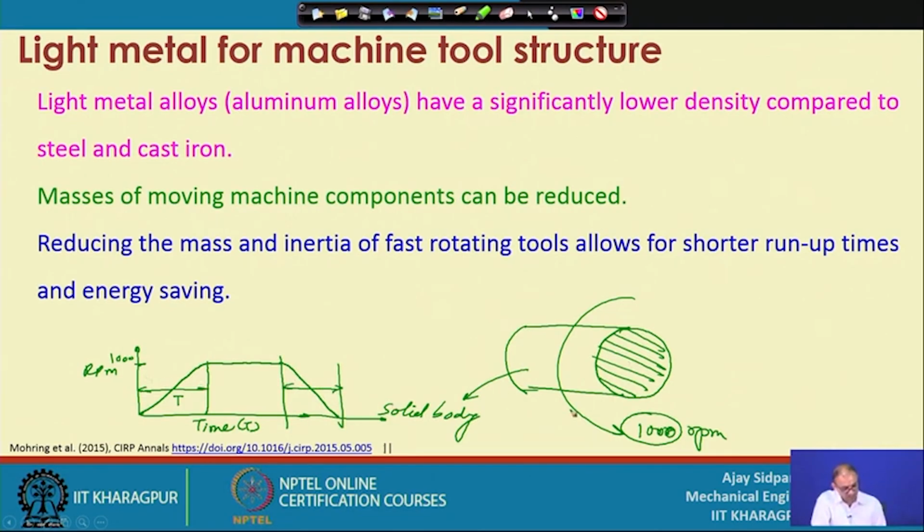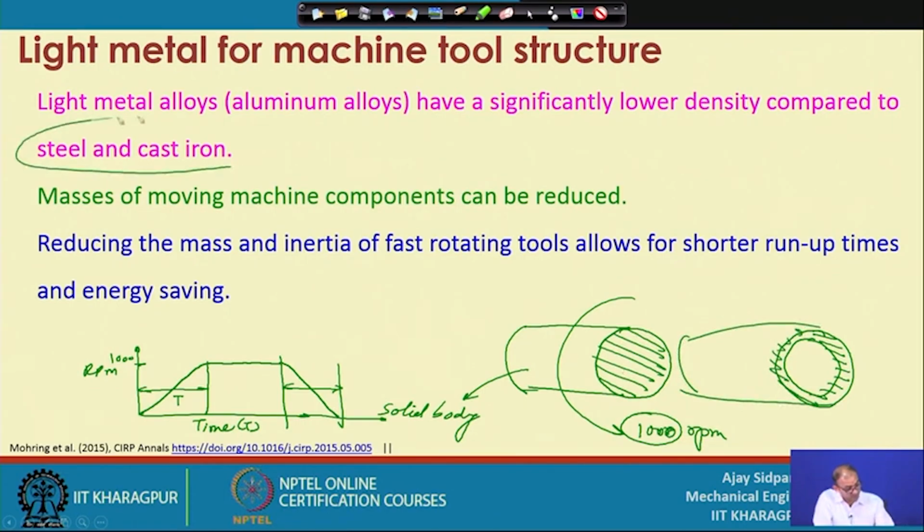Now, consider this particular object. Now, you have a hollow object. That is one of the solutions, that you can change this body, now it is a lightweight structure.